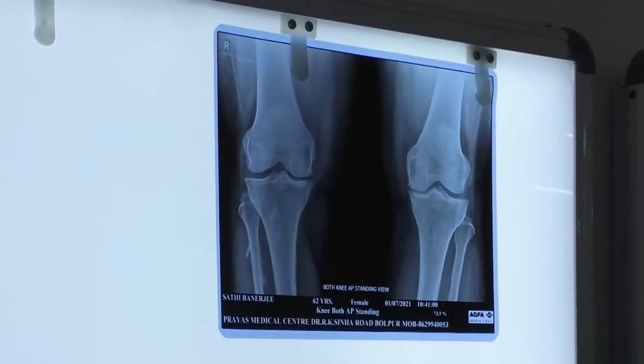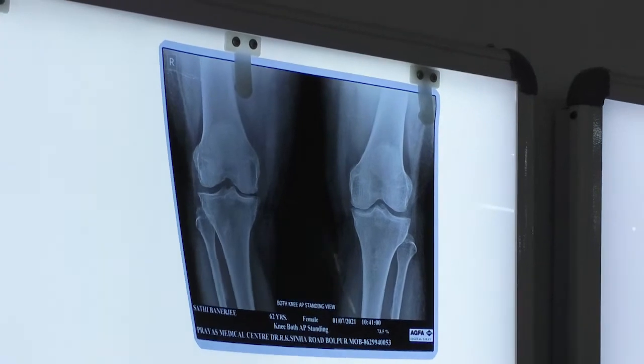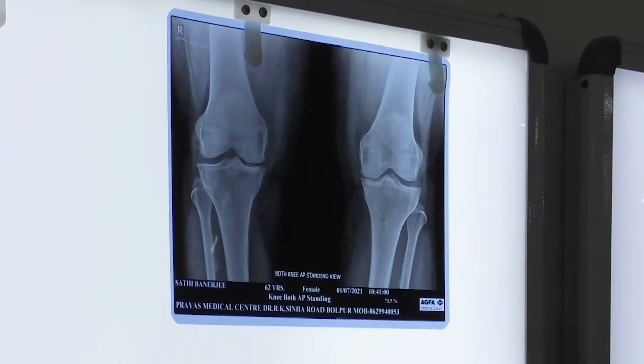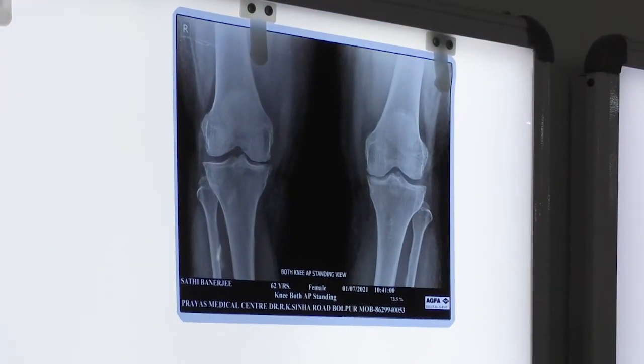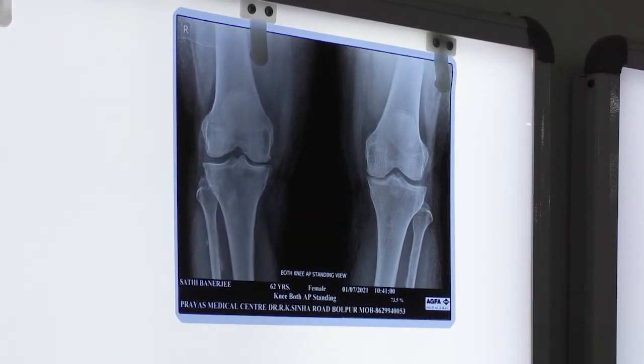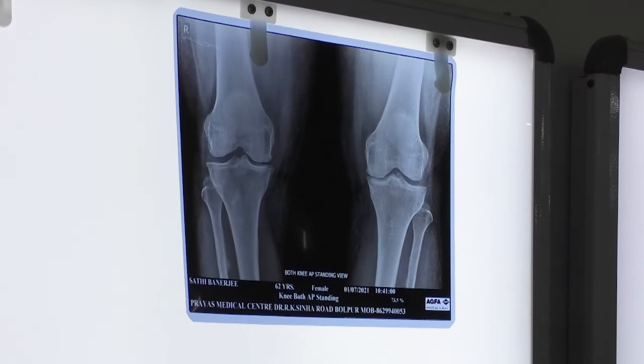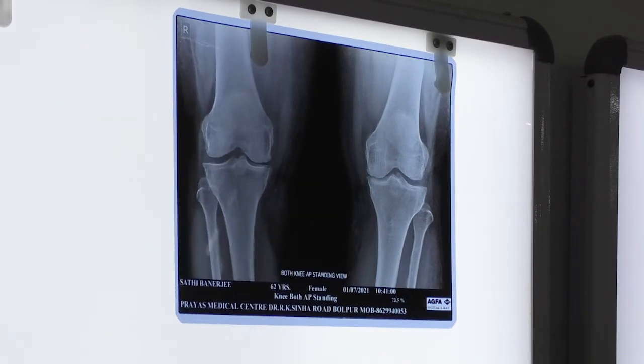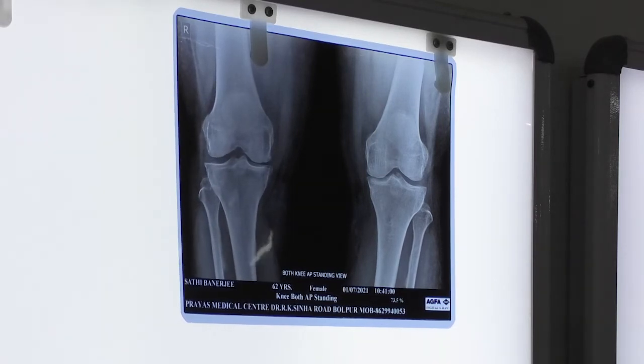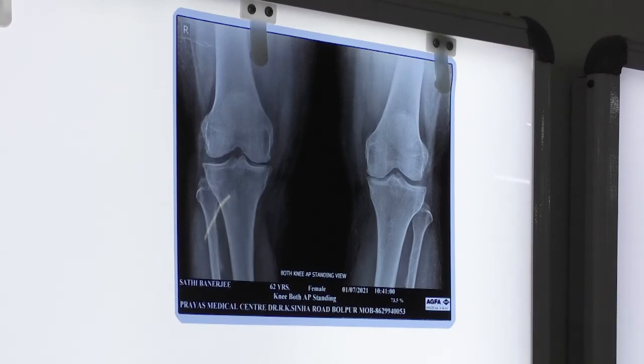So this is a diagram or X-ray plate of the knee joint in AP view, and this is the lateral view.